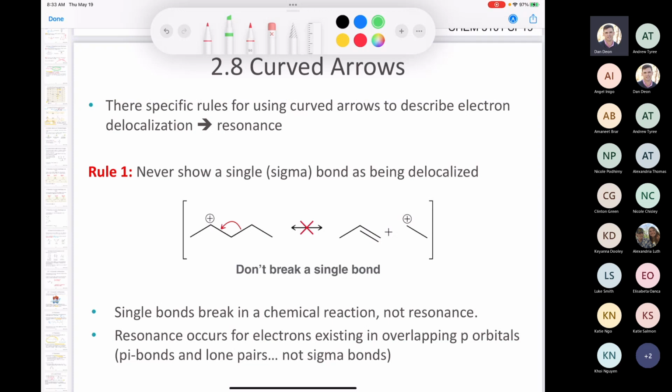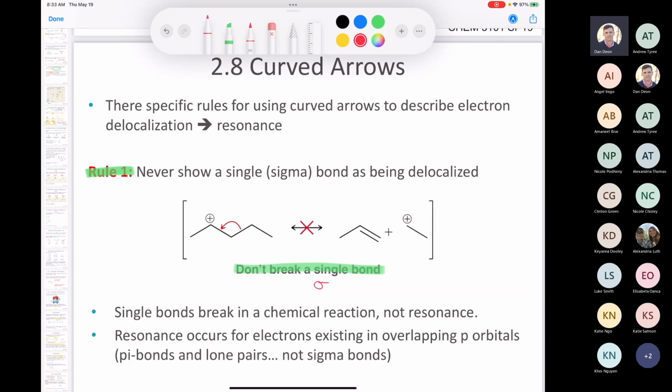So what's the first rule? Never show a single bond as being delocalized. In other words, don't break a single bond. A single bond, or a sigma bond, we're not breaking any bonds, because breaking a bond represents a reaction, right? What's a chemical reaction?